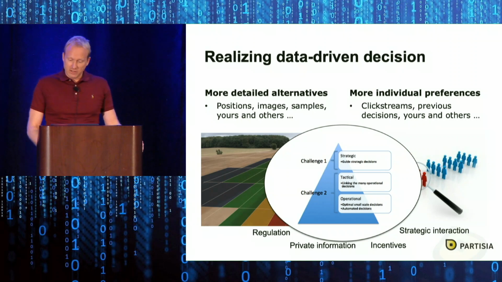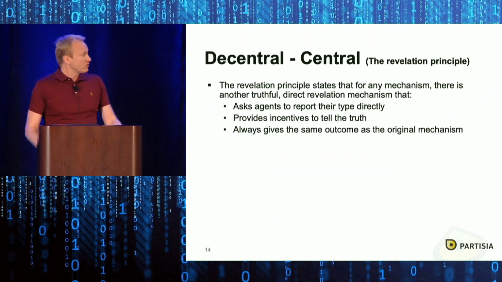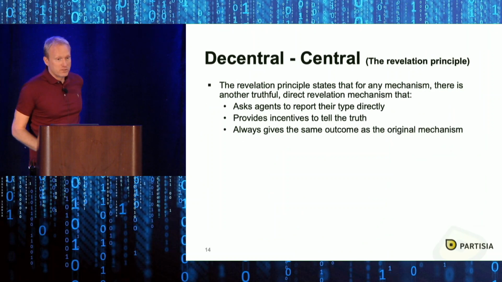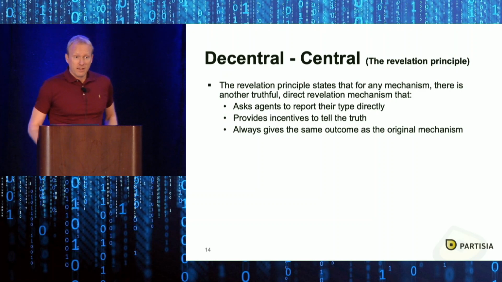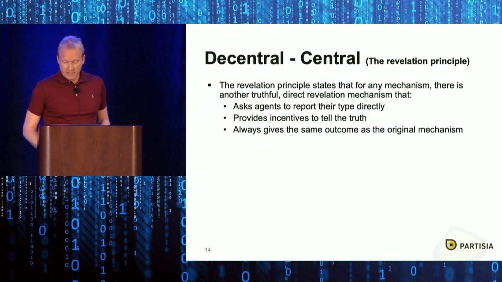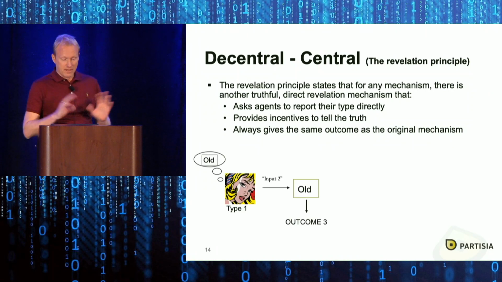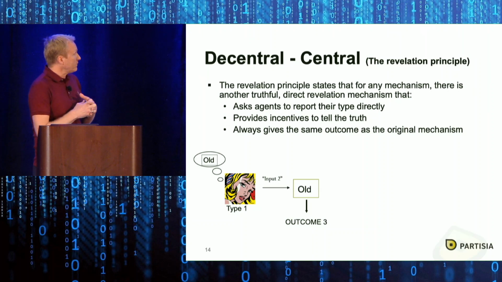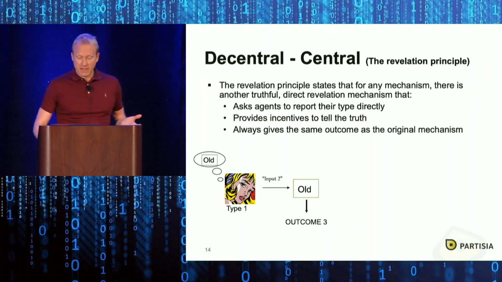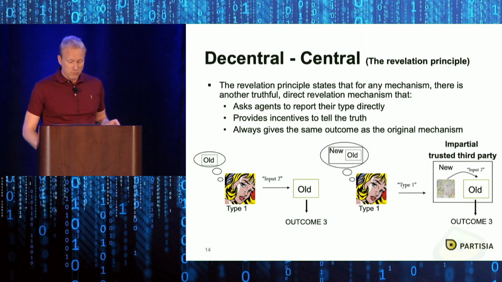So that is, of course, core stuff for economists, and this result is actually one of the starting points for Partisia, and it's a result from 1979, so it's nothing new. It's the revelation principle, and it's a nice small result that says, okay, you can have any mechanism.